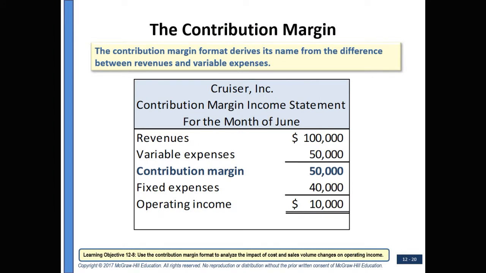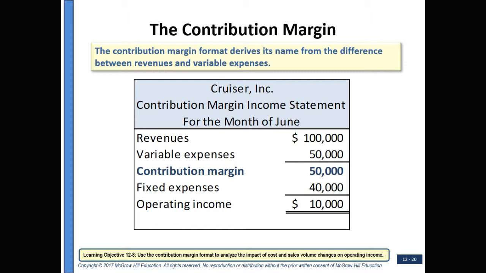The contribution margin format derives its name from the difference between revenues and variable expenses, which is the contribution margin. This is the amount that is available to contribute to fixed expenses and operating income from the sale of products or services provided.